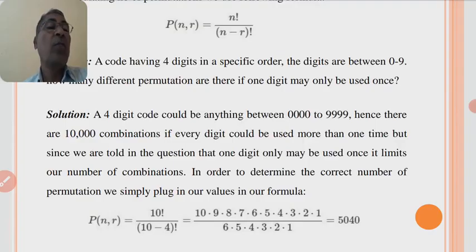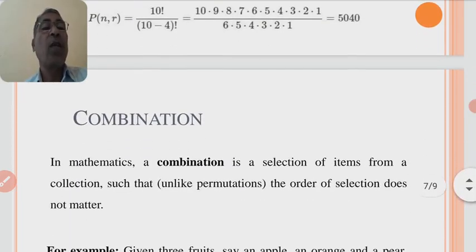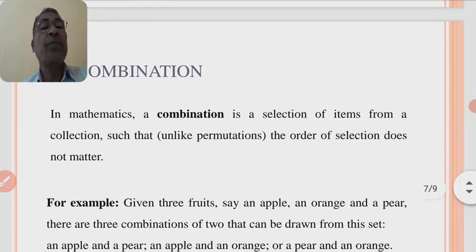In order to determine the correct number of permutations, we simply plug in our values in our formula. That is, permutation of n numbers taken r at a time equals 10 factorial upon 10 minus 4 factorial, that is equal to 5040.